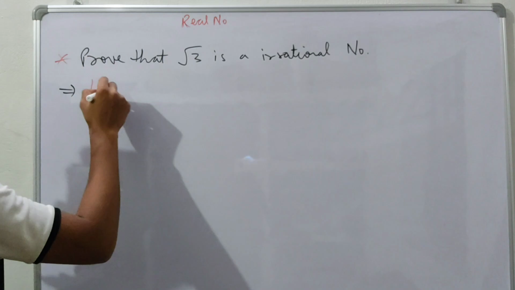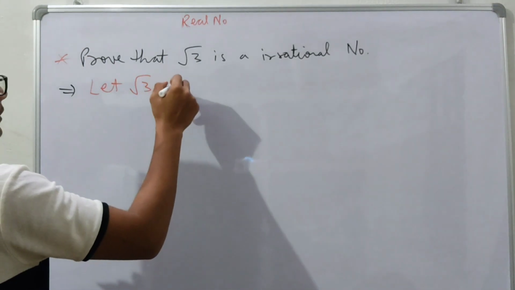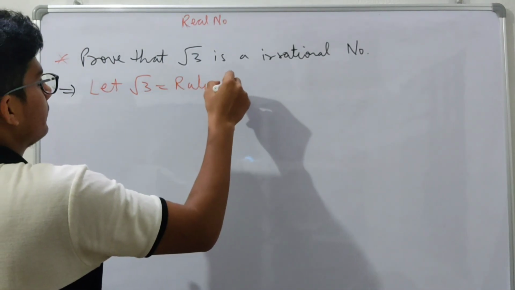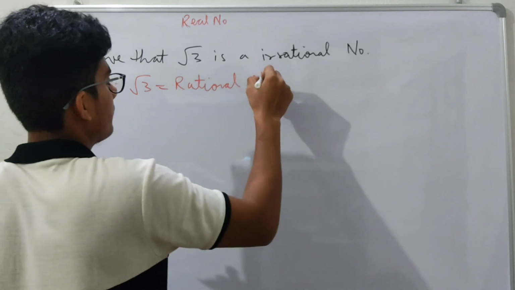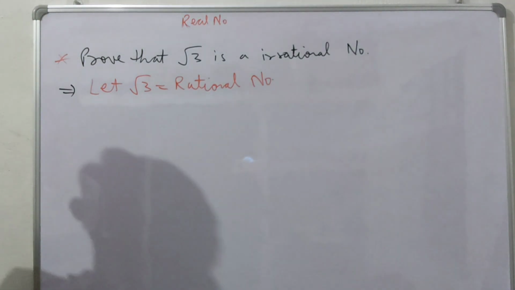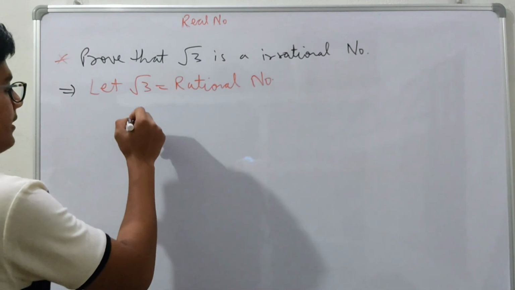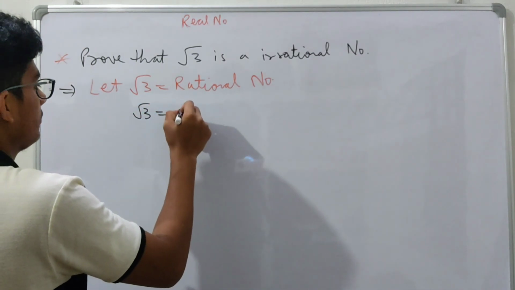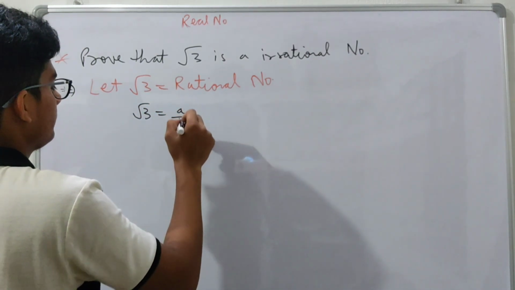We can take, let √3 be a rational number. If it is a rational number, you can write it as √3 is equal to a by b.